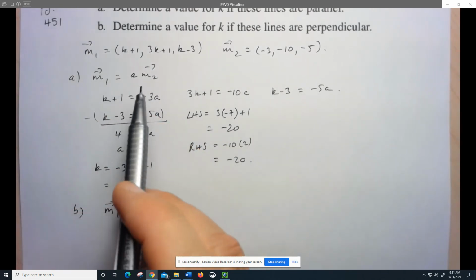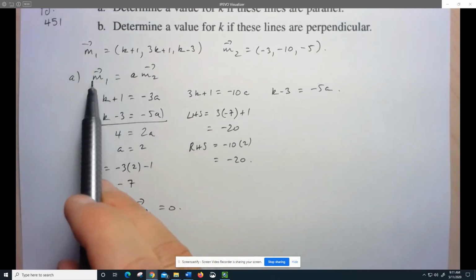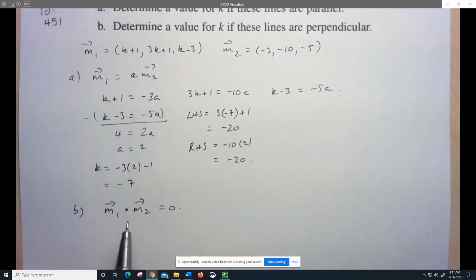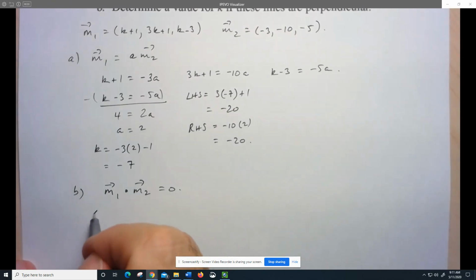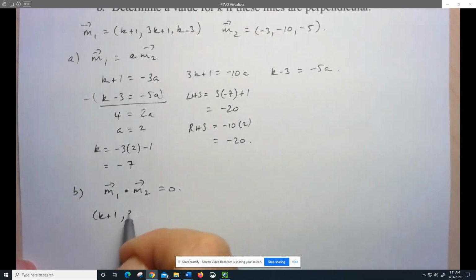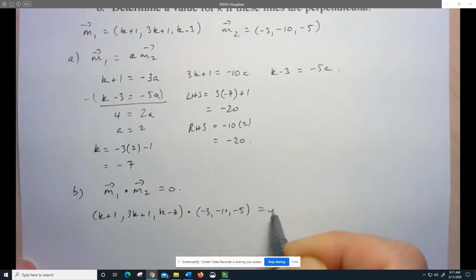So in the first one, parallel, we had to be able to write the vectors as scalar multiples of each other. In part B, perpendicular, we use the fact that the vectors have to have a dot product of 0. So let's do that here. We've got k plus 1, 3k plus 1, k minus 3, dotted with -3, -10, -5 has to be equal to 0.